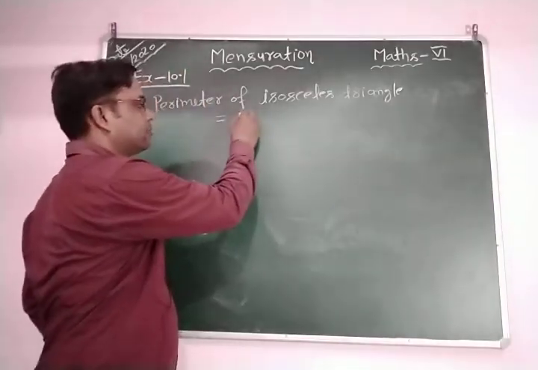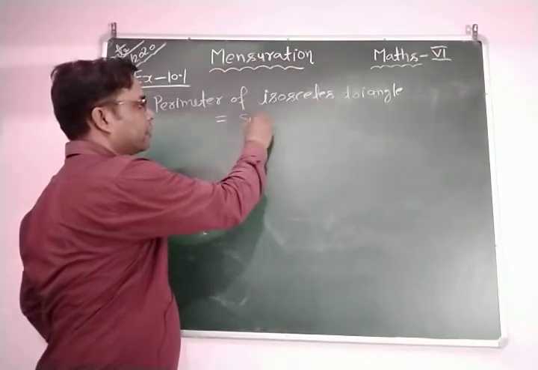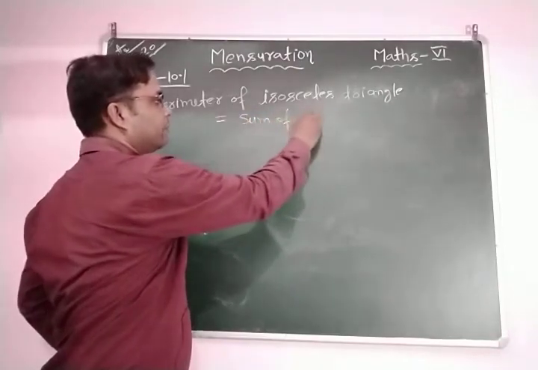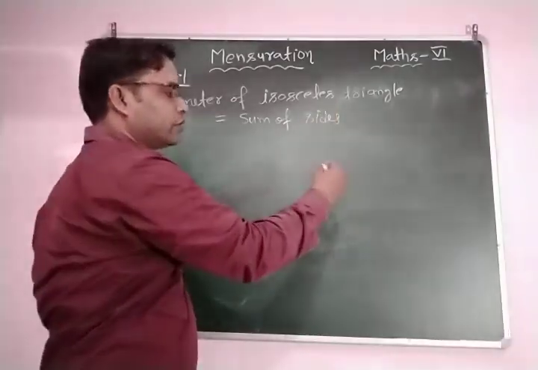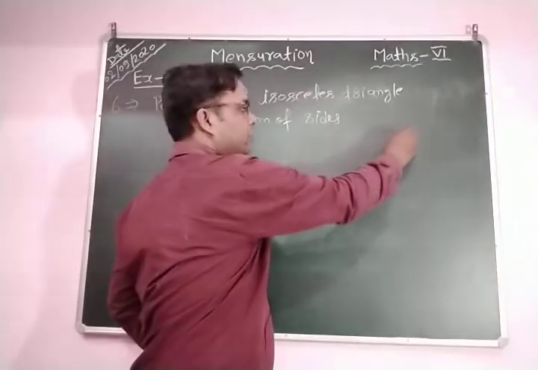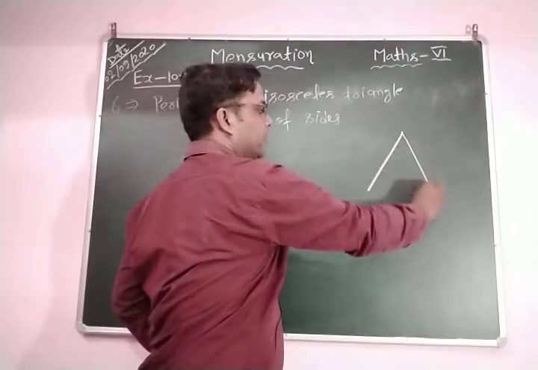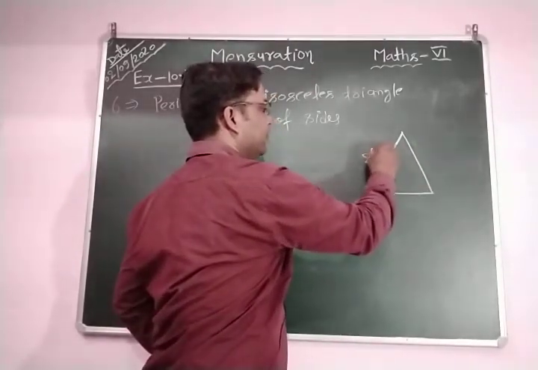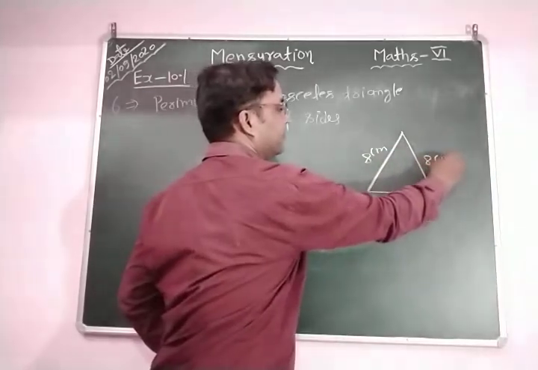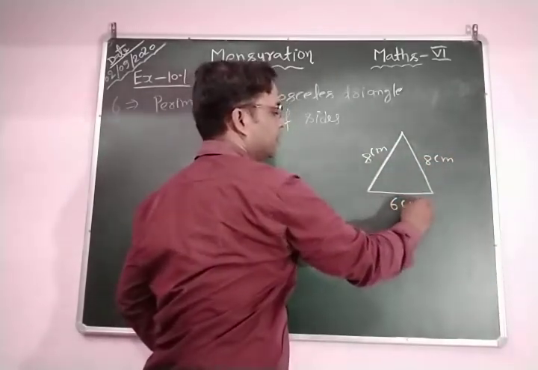The triangle is isosceles, which means that two sides are equal. The equal side is given here: 8 centimeters, equal side 8 centimeters, and this is 6 centimeters.